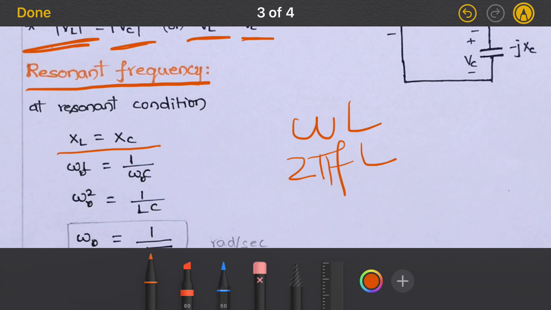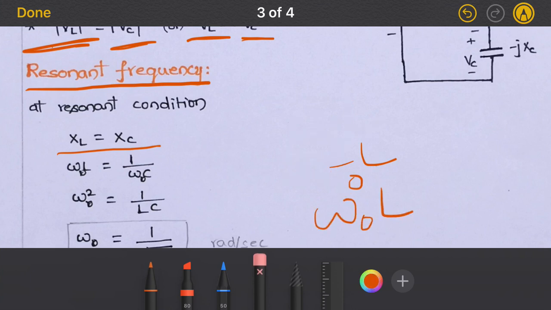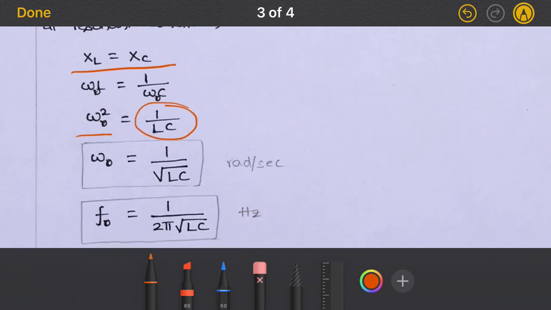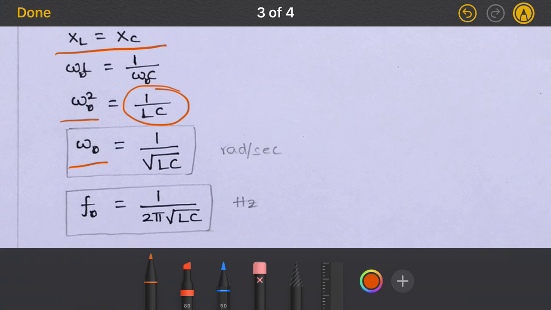At resonant condition the frequency is the resonant frequency f naught, so 2 pi f naught is omega naught. Now XL equals omega naught L, which equals XC, that is 1 by omega naught C. Taking omega naught to the left side, omega naught square equals 1 by LC, which means omega naught equals 1 by root over LC. So the angular resonant frequency omega naught equals 1 by root over LC.